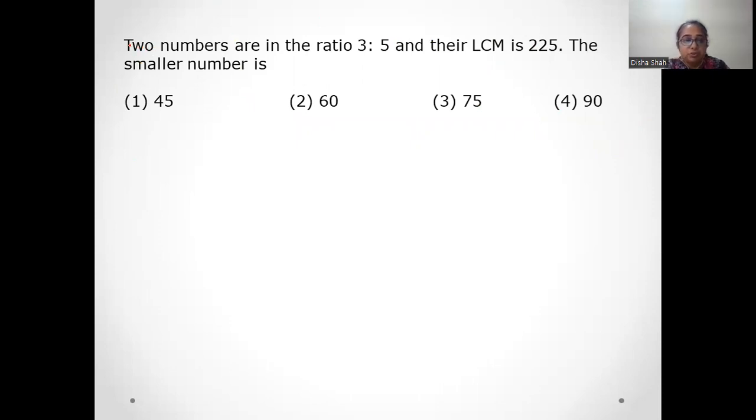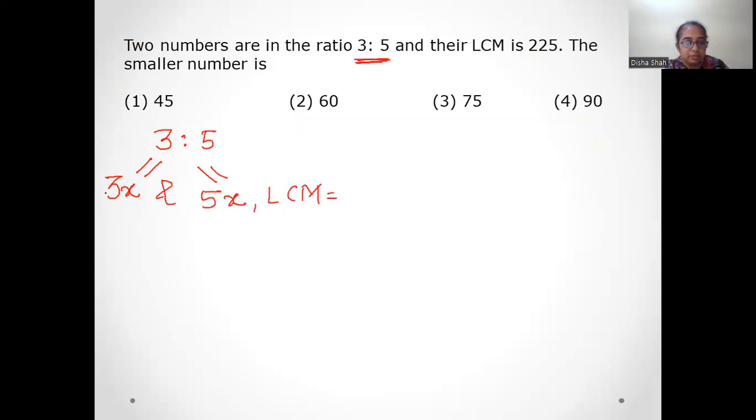Let's solve the question based on it. Two numbers are in the ratio of 3:5. दो नंबर का रेशियो 3:5 है. So can I assume the numbers as 3x and 5x? उसके हिसाब से उनका LCM कितना हो जाएगा?